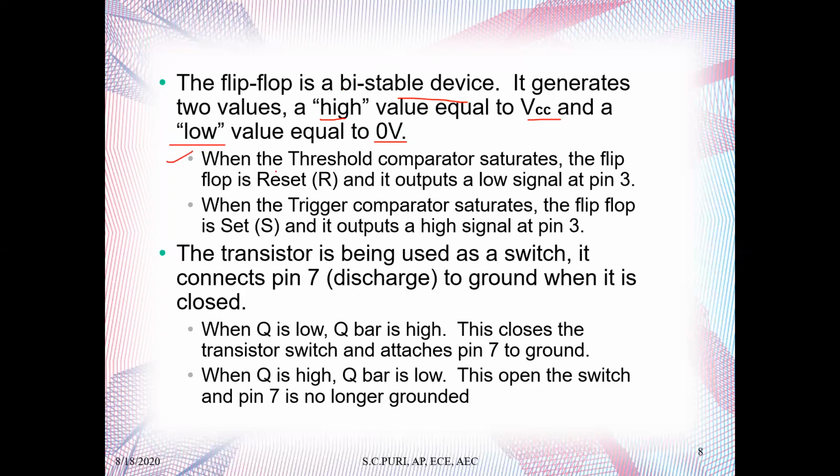When the threshold comparator saturates, the flip-flop is reset and it outputs a low signal at pin 3. When the trigger comparator saturates, the flip-flop is set and it outputs a high signal at pin number 3.